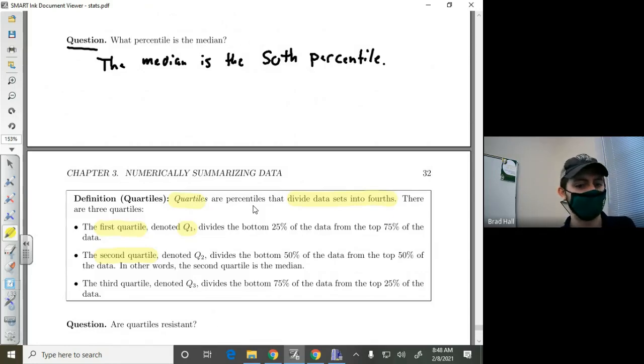That may sound familiar. In fact, it is. The second quartile is just the median. So the median is a quartile because by definition, it helps split the data into fourths. And there's a third quartile, which separates the bottom 75% from the top 25%.